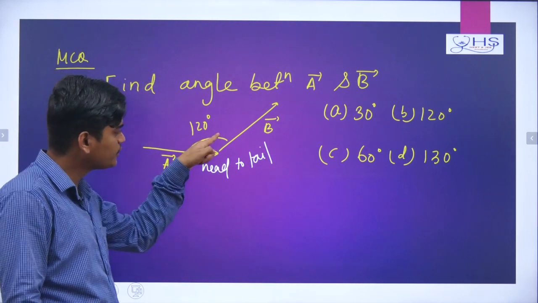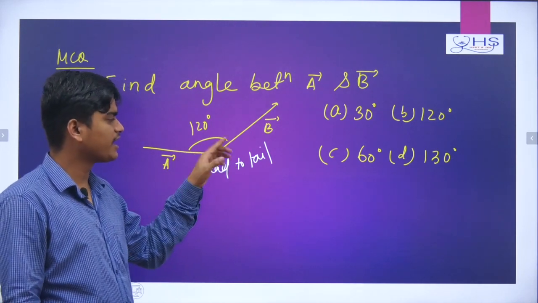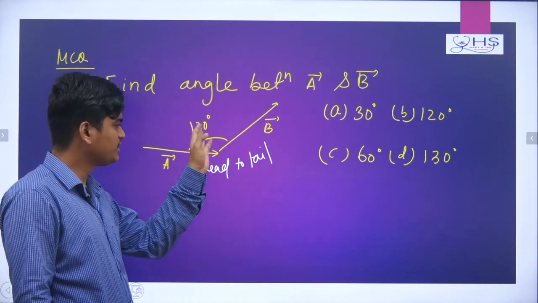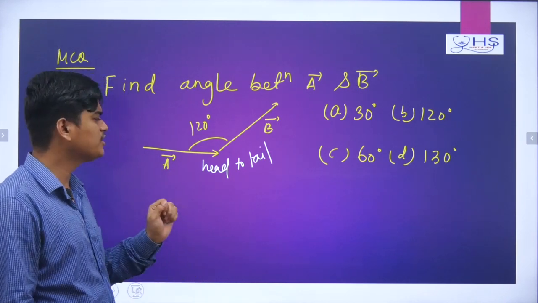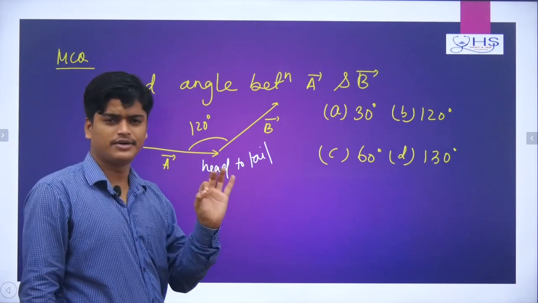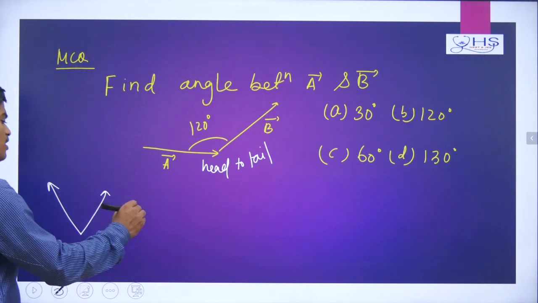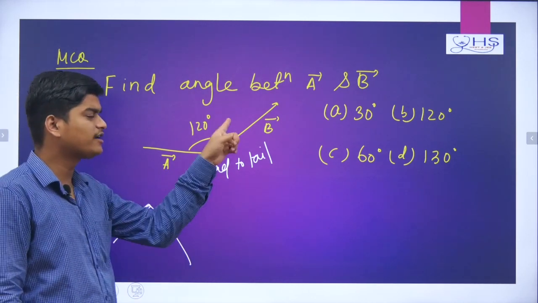So this head is joining to that tail of the b vector.